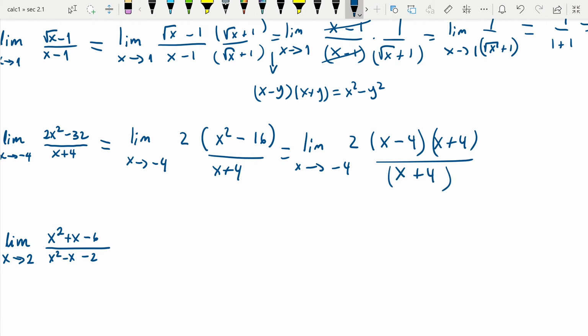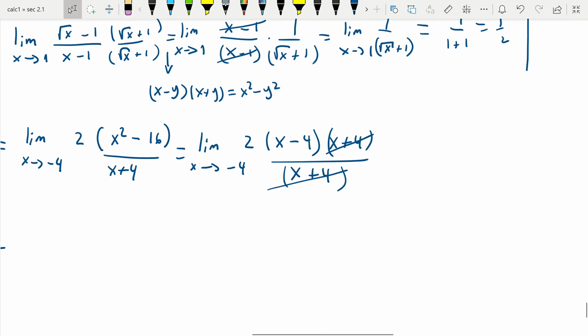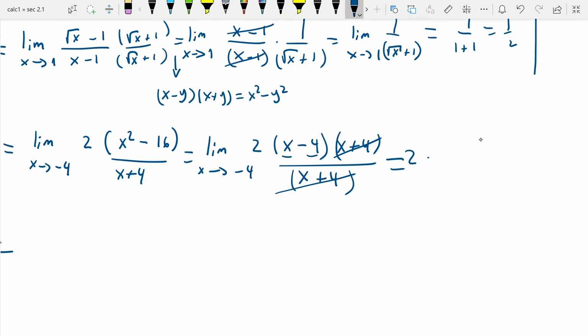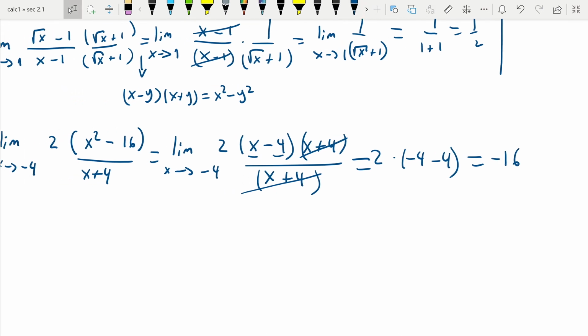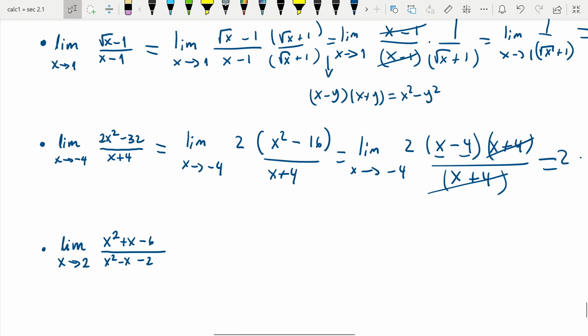We notice that x plus 4 is not equal to 0 because we're not allowing x to be equal to minus 4, so we may cancel these two terms. And what do we get? 2 is just a 2, x is approaching minus 4, so the whole thing is approaching 2 times minus 4, which is minus 8, times 2, which is minus 16. So that's the limit.